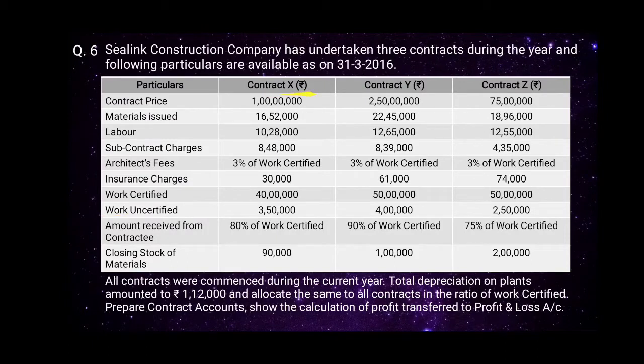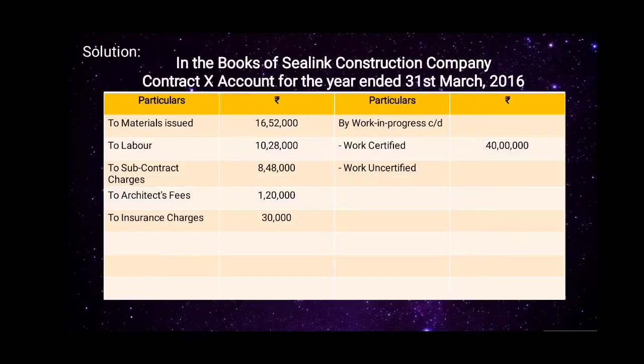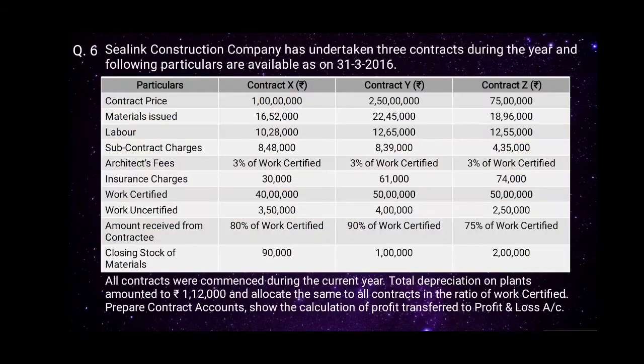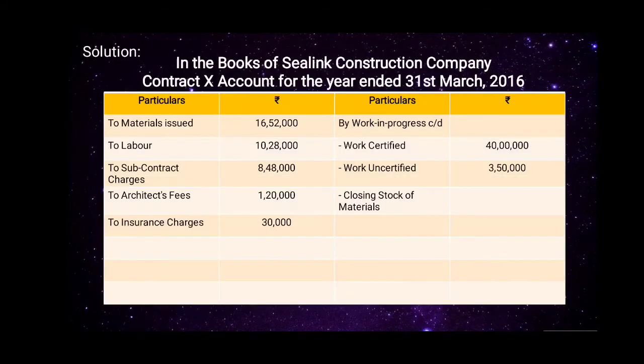For contract X, amount is given as 3,50,000. Next is closing stock of materials. Amount is given as 90,000. So we'll record it on the credit side.